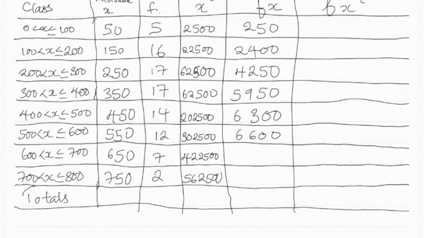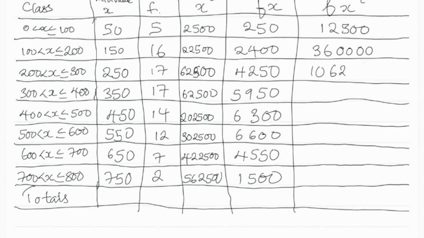4,550, then 1,500. Now, when you multiply the f and the x squared, you are going to have 12,500 there, then 36,000, then you have 10,62,500. Then again, you are going to have 20,82,500.